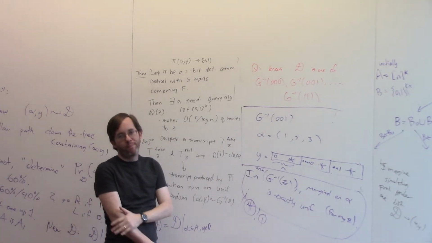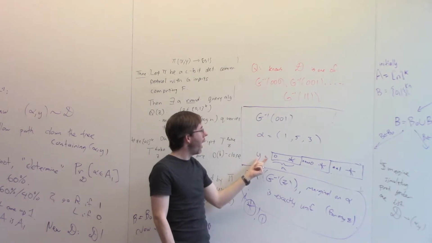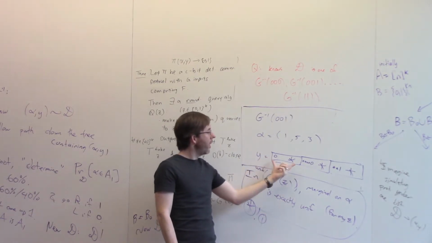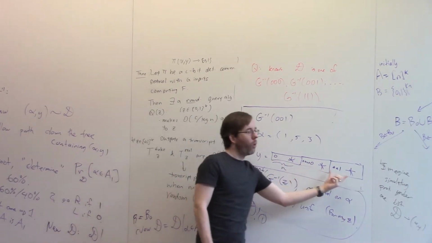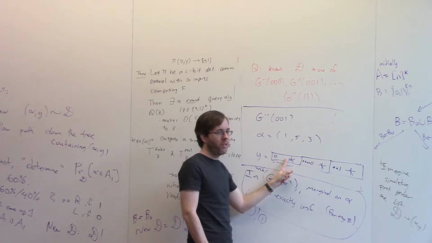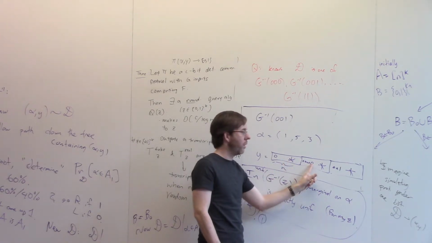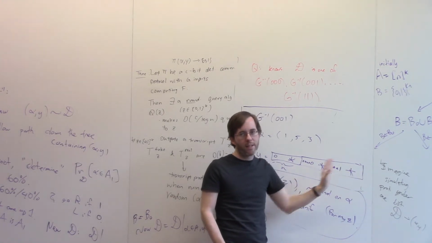Is it uniform? It's not totally uniform, right? Because for the marginal on Y, you basically know that you have 1, 0 here somewhere, and 1, 0 here, and 1, 1 somewhere here. The exact distribution is: pick a random coordinate here, plunk a 0 in, pick a random coordinate here, plunk a 0 in, pick a random coordinate here, plunk a 1 in, and then fill everything else randomly. That's the distribution on Z.